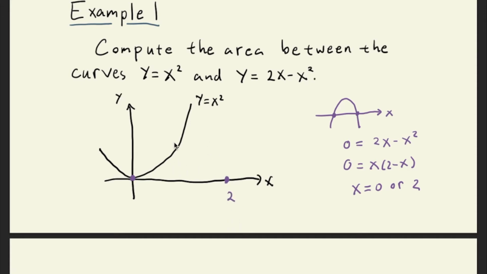And if you draw your parabola, it's going to look like that. So this is the graph of y equals 2x minus x squared. And the area between these two curves is this area right here. That's the area that we want to compute.